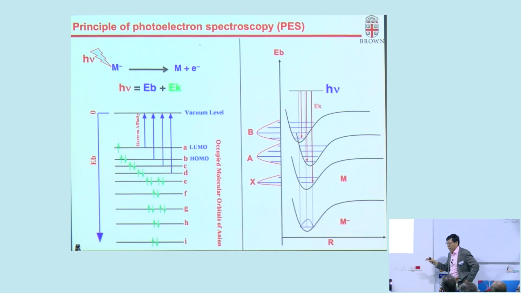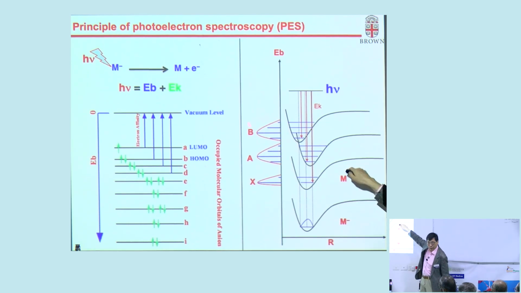So basically, in photoelectron spectroscopy, we use a laser to knock electrons out of the valence orbitals. At the very basic level, a photoelectron spectrum tells you about the quantized energy levels of the cluster or the molecule.